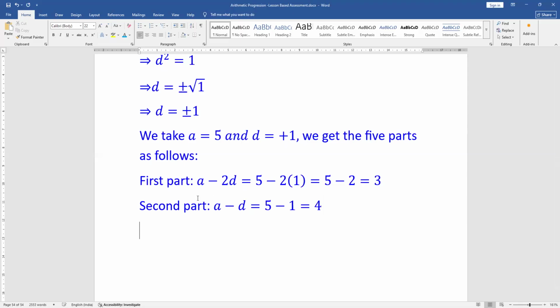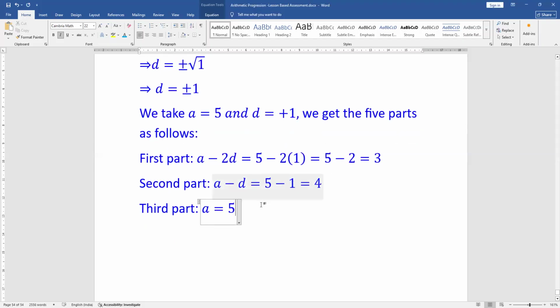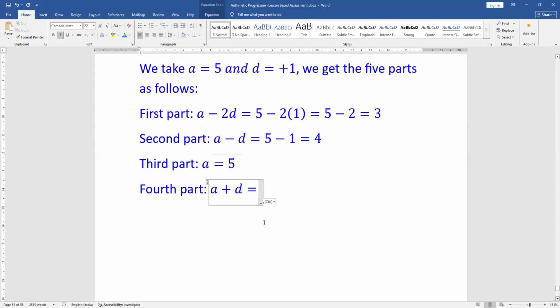Next, third part. The third part is a, a is equal to 5. Then the fourth part is a plus d, which is nothing but 5 plus 1, okay, which is nothing but 6.